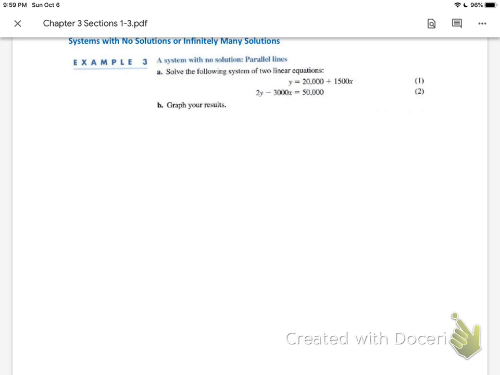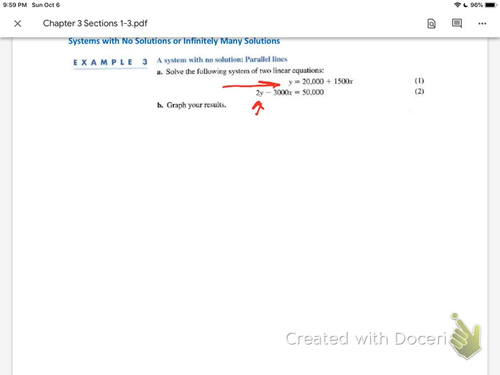Okay, so in this problem, I'm going to solve this by using substitution so that we can see what the result is, because we've talked about it, but you haven't really seen what it looks like yet. Since this is set up as a y equals equation, I'm going to use that expression for y and plug it in here.